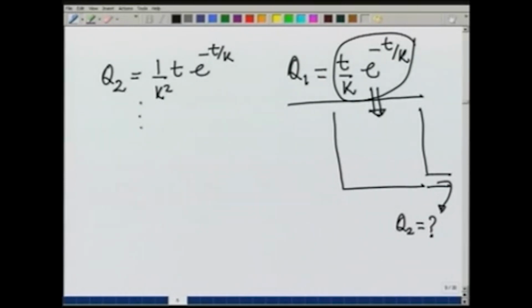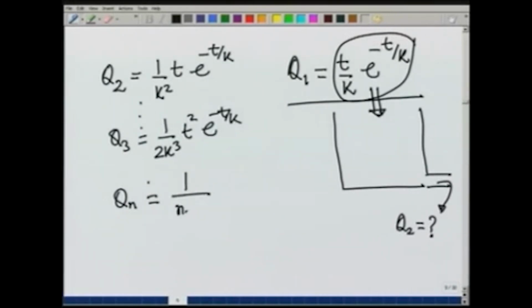And as we keep on doing this, for example, q 3 is and so on till we reach q n, which comes out to be 1 over factorial n minus 1 k to the power n t to the power n minus 1 e to the minus t over k.